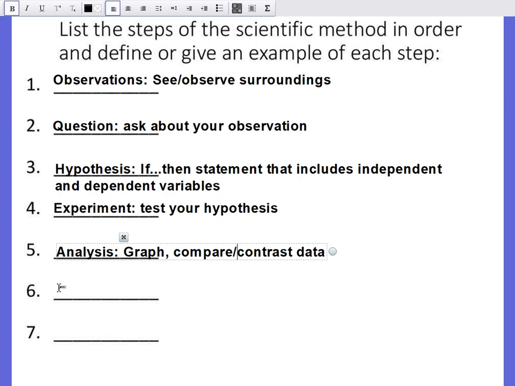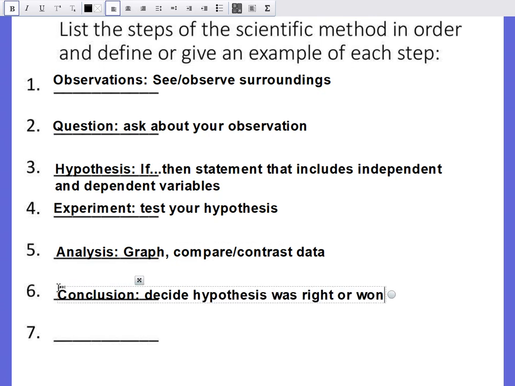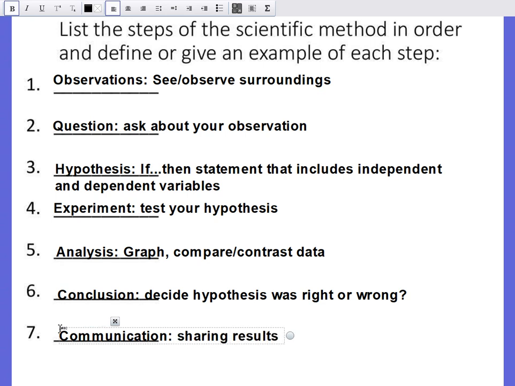Once you have done your analysis, you are ready to form your conclusion, which means you can decide if your hypothesis was right or wrong. And once you know if you're right or wrong, you're ready for the last step. That's communication. You're sharing the results of your experiment with other people.